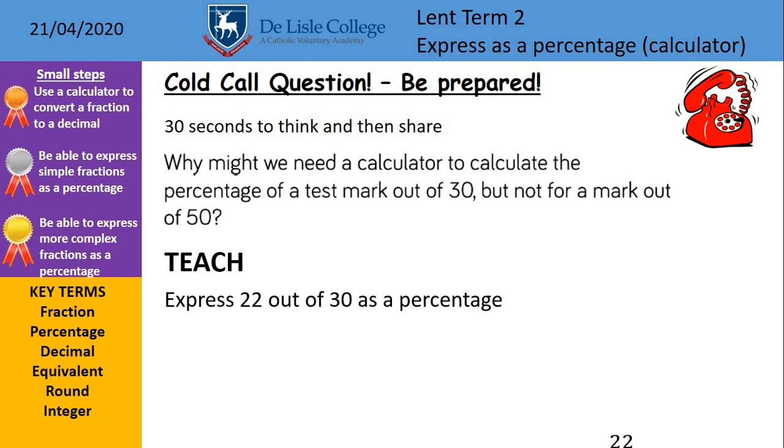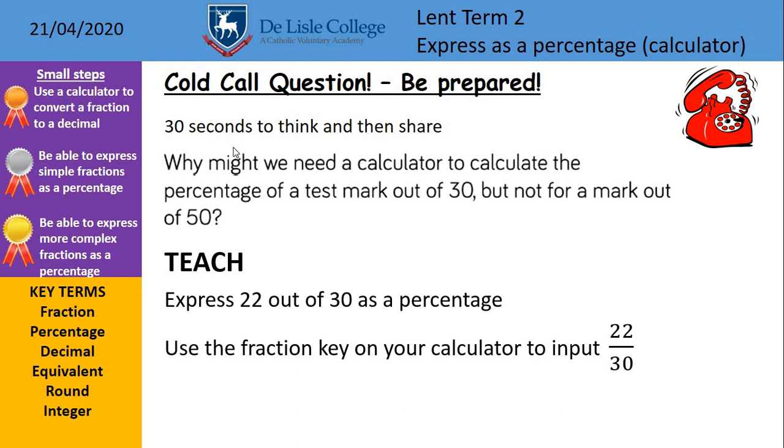So just like last lesson, we will write it as a fraction, but this time we're going to input it into our calculator using this fraction key here. Now if your calculator hasn't got a fraction key, on some calculators it's an A with a B over C, or you could just input this by typing in 22 divided by 30 and then pressing the equals key.